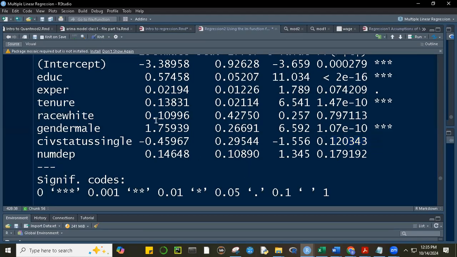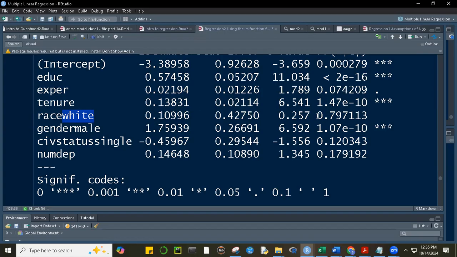And lastly, class, this race white. The counterpart of white is non-white. So non-white comes first alphabetically. So non-white became your reference or your benchmark. So how do you now interpret this? On the average, white people receive $0.11 more than their non-white counterparts, ceteris paribus.